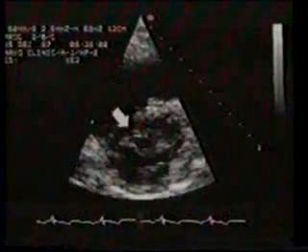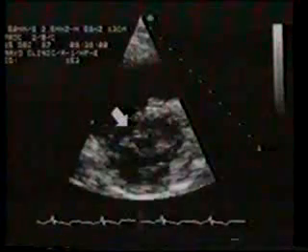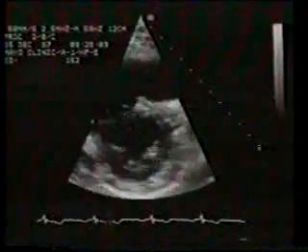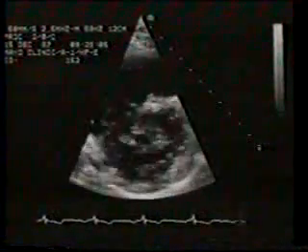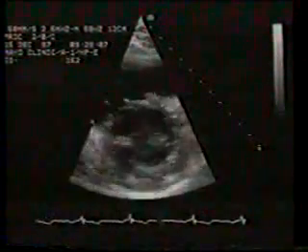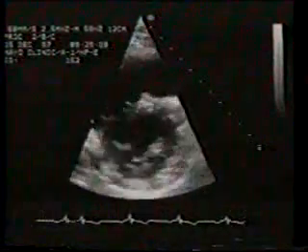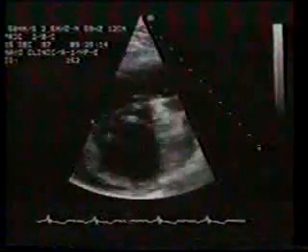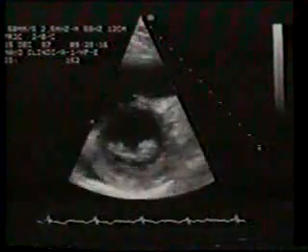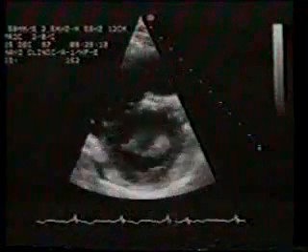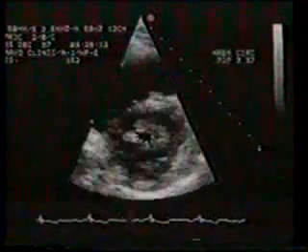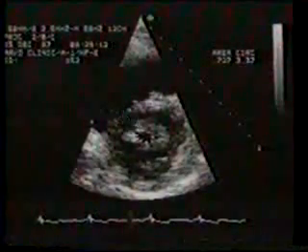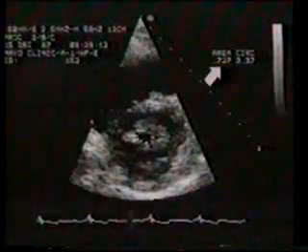The examiner will scan the valve until the minimum orifice is identified. The image has been frozen and the orifice has been traced, yielding a valve area of 0.73 square centimeters.